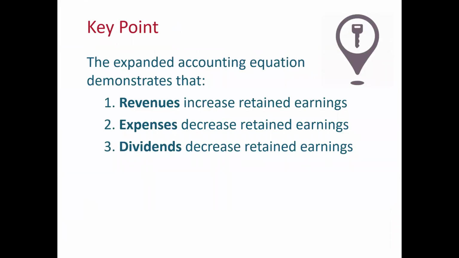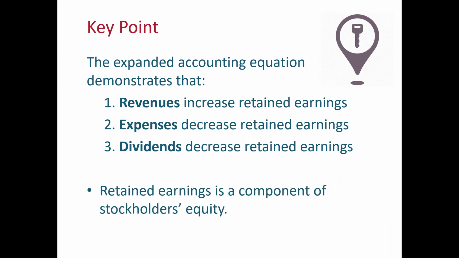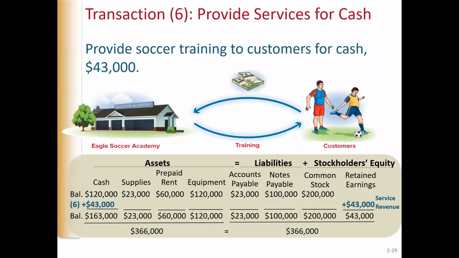So this expanded accounting equation shows revenues increase retained earnings, while expenses and dividends decrease retained earnings. And we know that retained earnings makes up part of the stockholders' equity section, with common stock being one facet and retained earnings being the other facet.